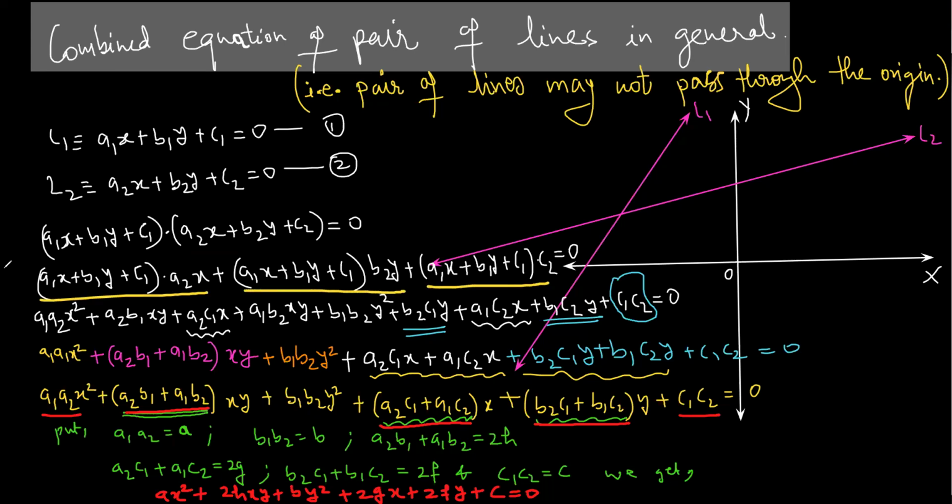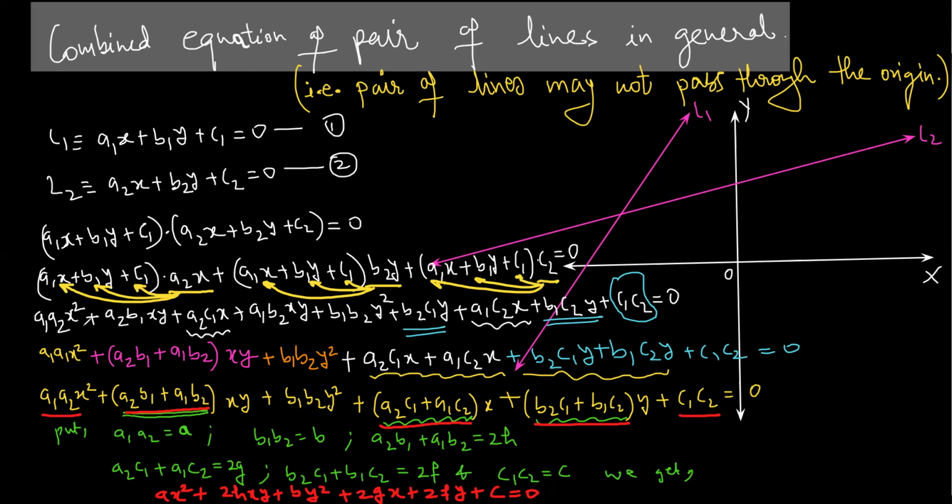Okay. So next is now we are going to distribute from the right. So when I distribute, here I will get a2x being multiplied with a1x, a2x with b1y, a2x with c1, and same thing with b2y. It will get multiplied with these three terms, and c2 also getting multiplied with these three terms.